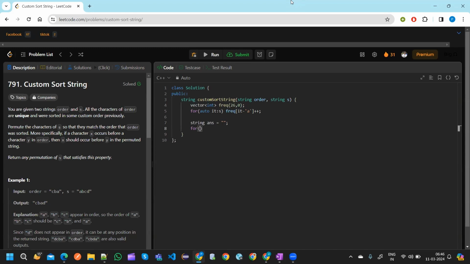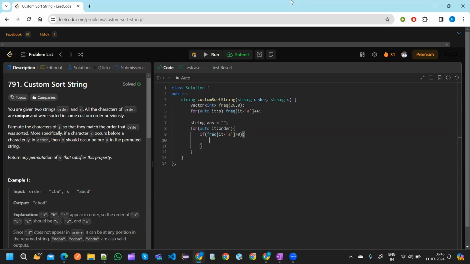Now we will iterate the order string. We will check whether this character is present in the main string or not. How can we check? We can check the frequency. If the frequency is greater than 0, that means that character is present. So we will check if the frequency of this character is greater than 0.